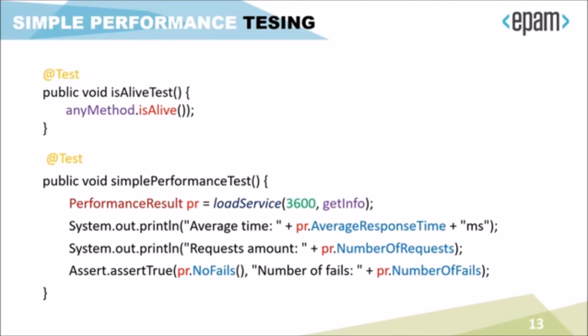For example, here we will bombard our service with getInfo methods during 1 hour. You can put here a list of methods, and they will be randomly thrown at the service. And you can validate some simple results like batch response time, number of fails, number of requests, and so on.